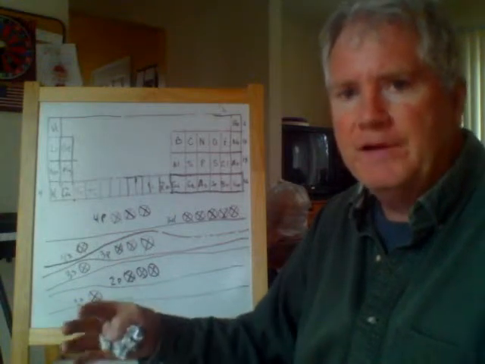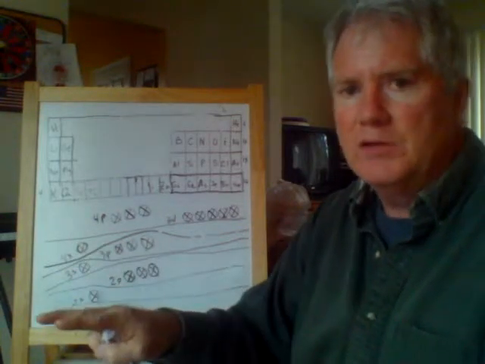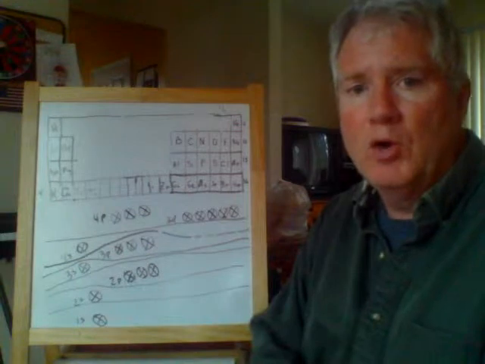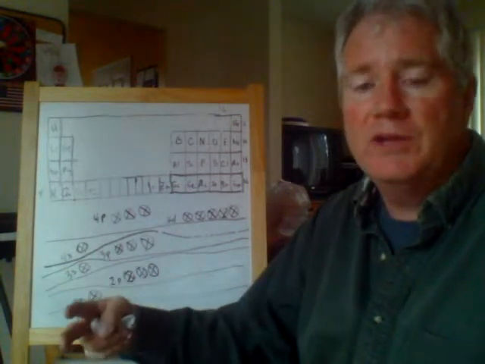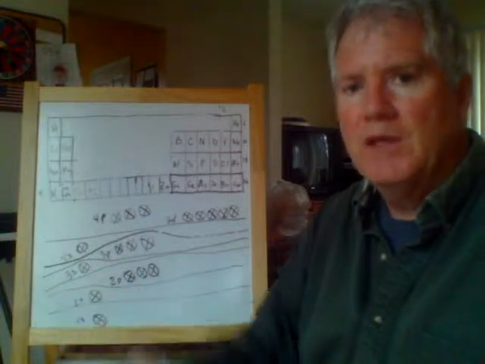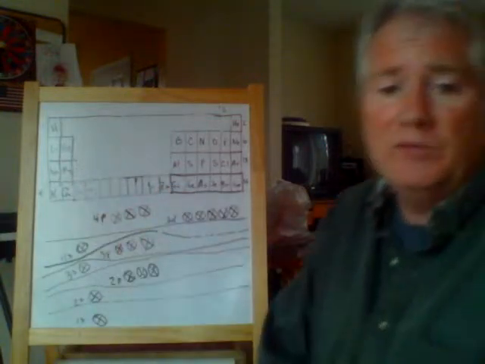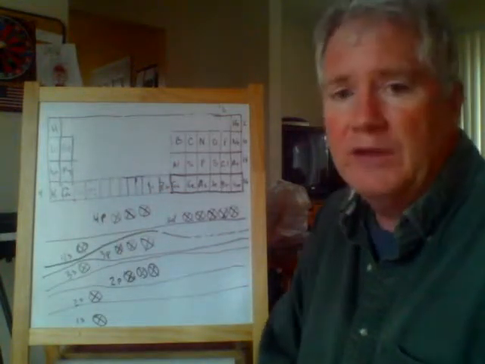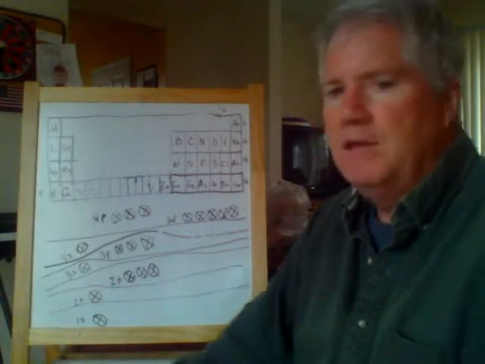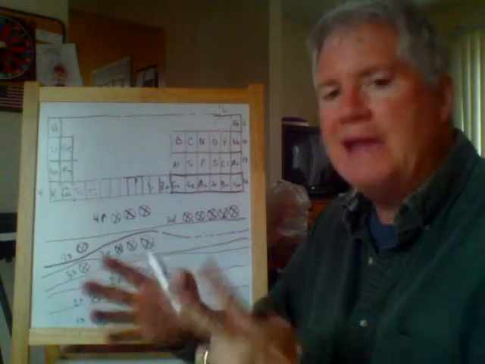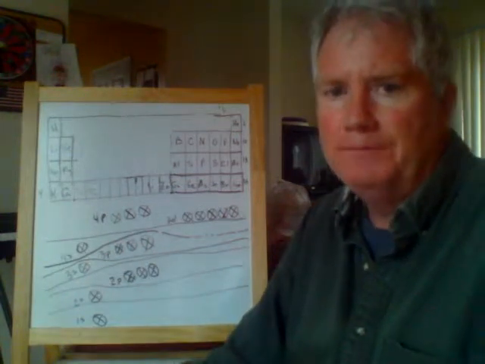The 4f orbital doesn't show up until the 6th row of the periodic table, because 4f happens to be higher in energy than 6s. So anyway, there it is. That's why the periodic table has this shape, and it basically matches up with the orbital theory as well.